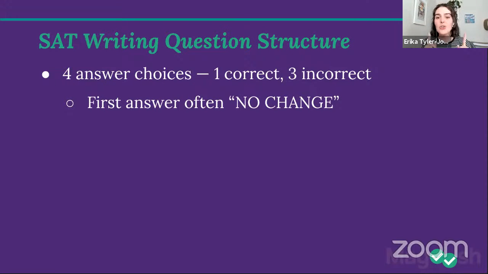I want to ask you, do you think answer choice A, it is correct as is, no change, is going to be more likely to be the correct answer, less likely to be the correct answer, or the same amount likely to be the correct answer as the other answer choices? So do you think it is more likely to be no change, less likely to be no change, or the same likelihood to be no change as changing?